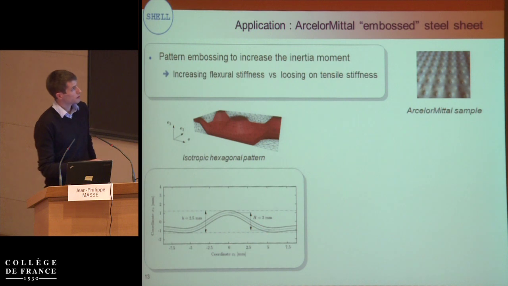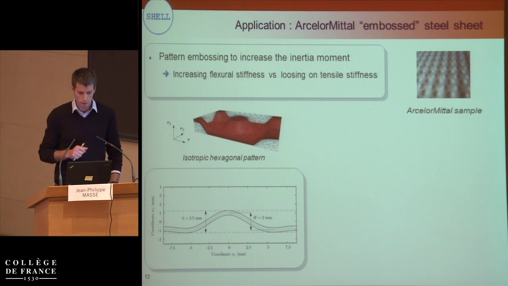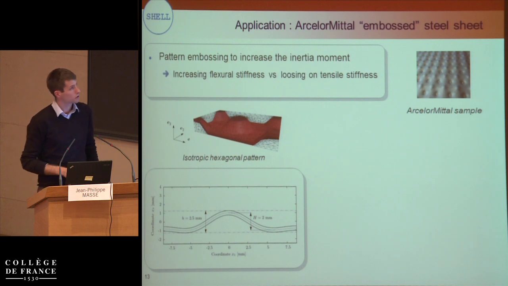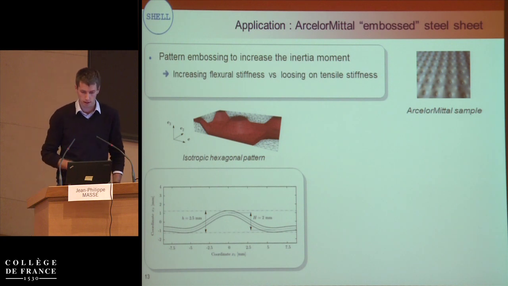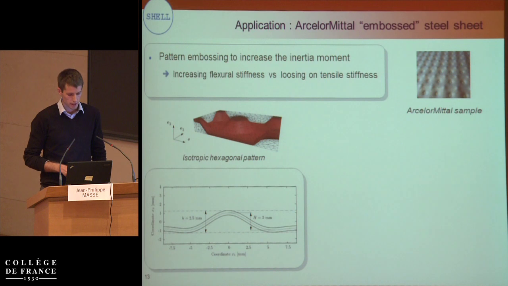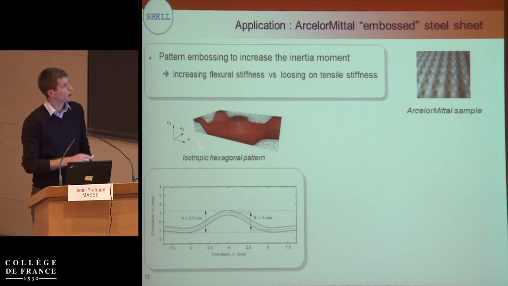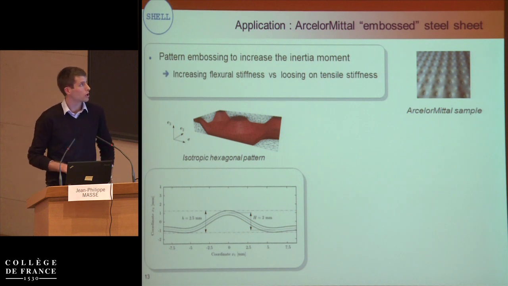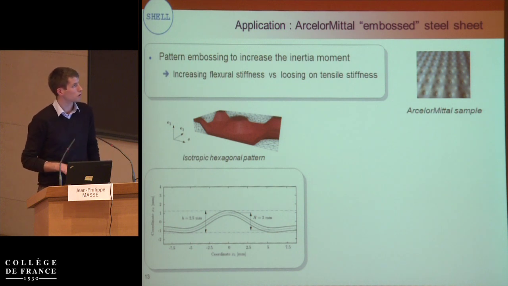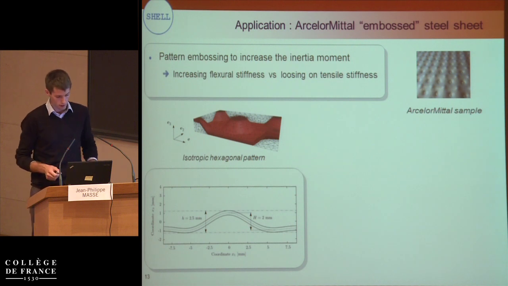So this is an example that Jean-Philippe showed this morning about embossed steel sheet. Here we are starting from a given hexagonal embossed structure, which gives an isotropic stiffness response.